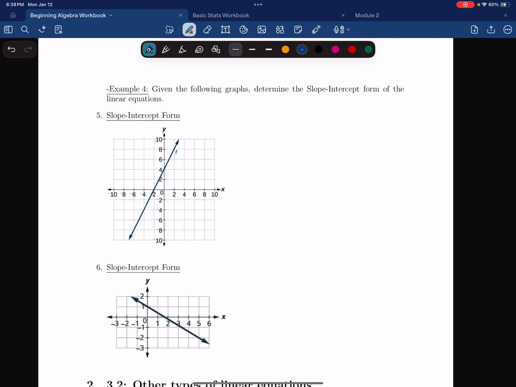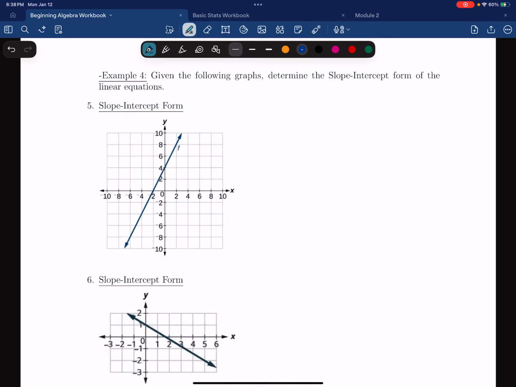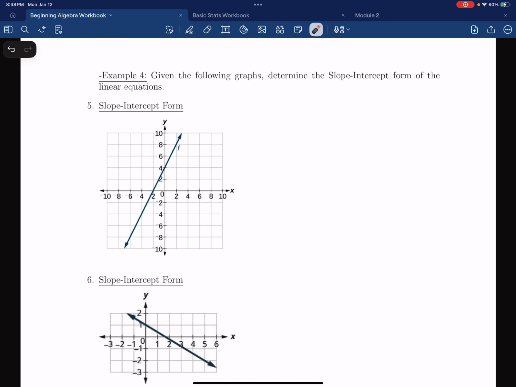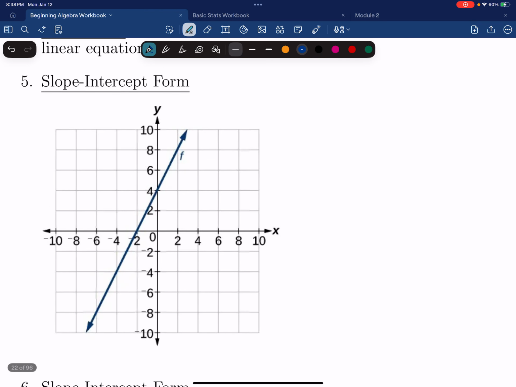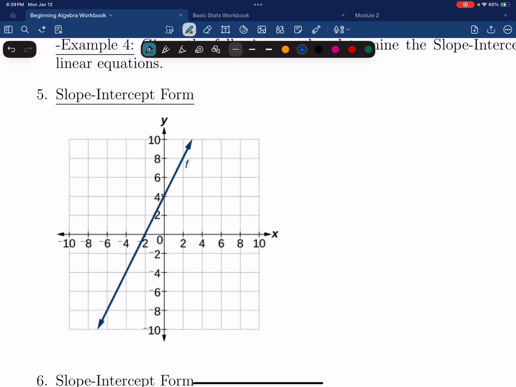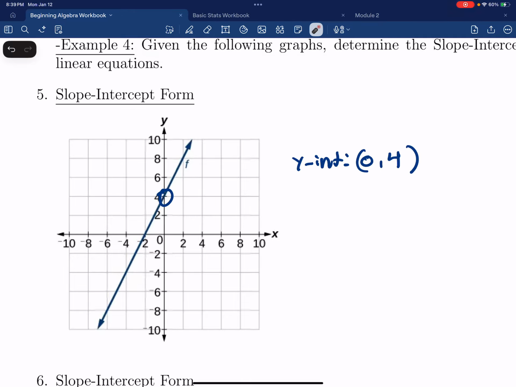Alrighty. So now we're going to be given some graphs, and we're going to go the opposite way. So given the graph, we have to come up with the slope-intercept form. So for example, number 5, I am going to first have to identify the y-intercept, which is here. Y-intercept, that's at the point (0, 4). Now to identify the slope, I'm going to go from the y-intercept, and I'm going to go up 1, 2, and I'm going to go right by 1.